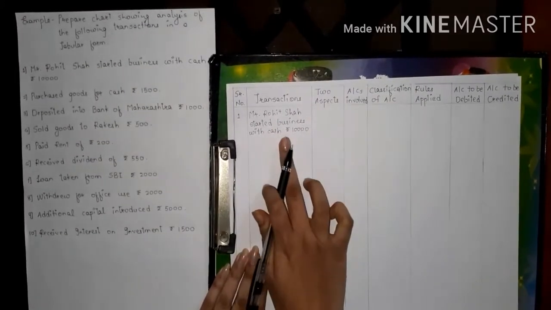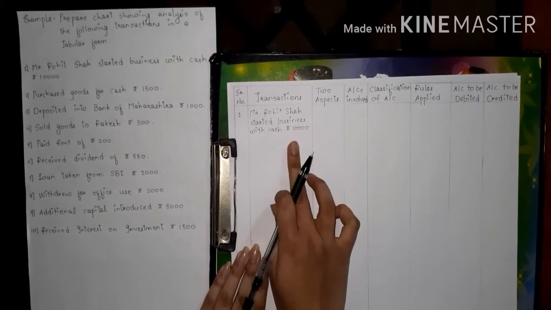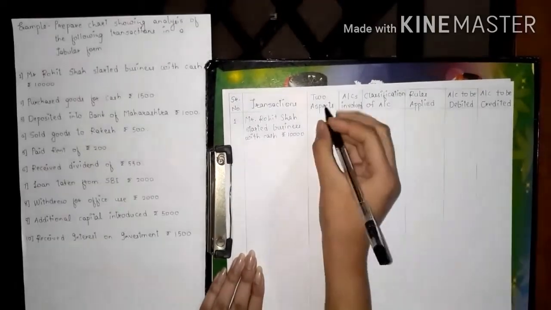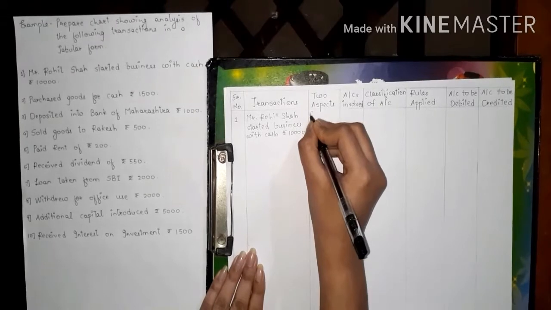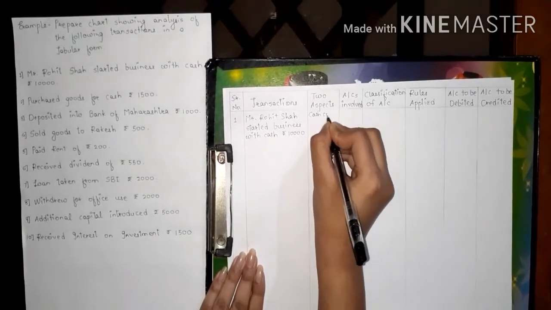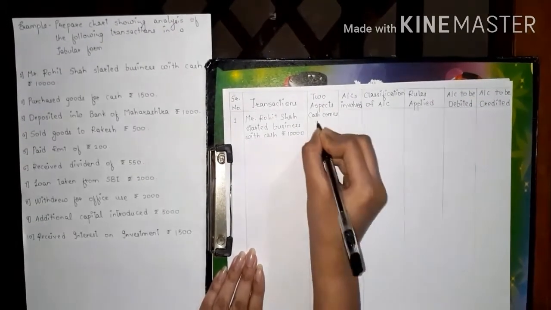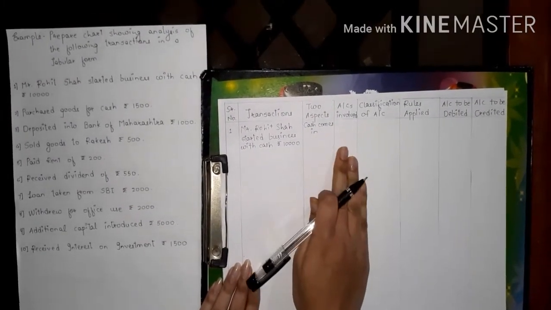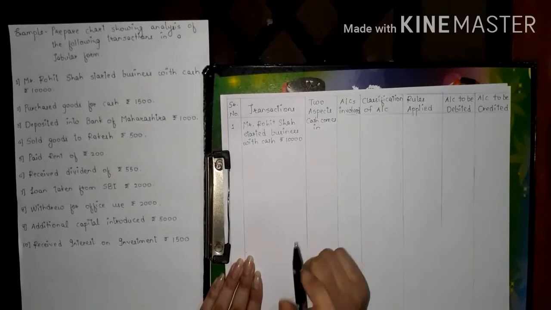Now next, what are the two aspects in this transaction? First, we have introduced cash in the business, that is, cash comes in. The first aspect is cash comes in business. This is the first aspect of the transaction.